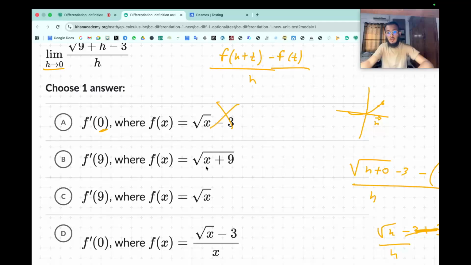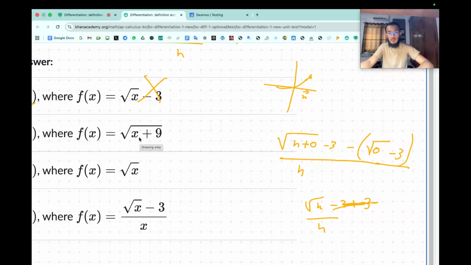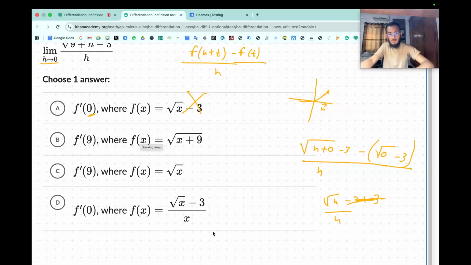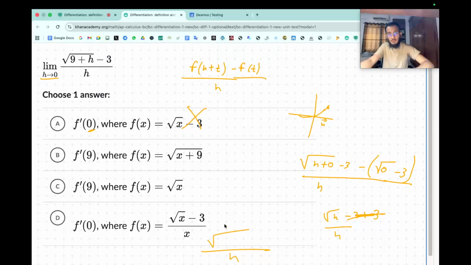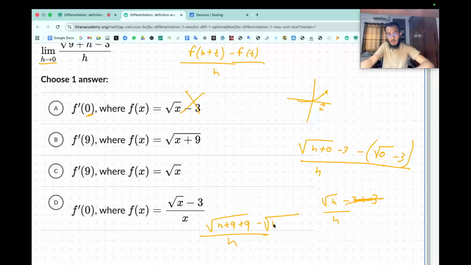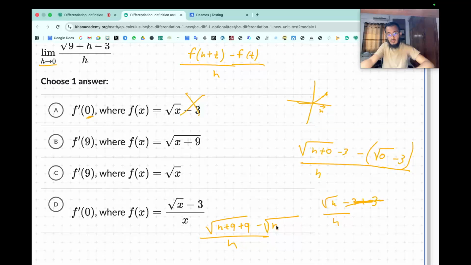What about this? X plus 9. So we have h here, root of h plus 9 minus root of 9 plus 9.